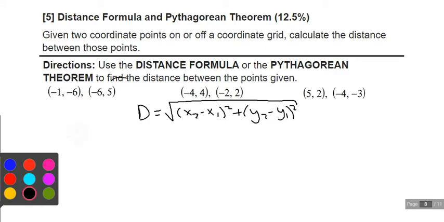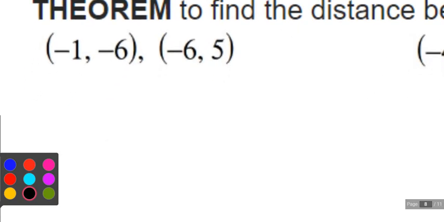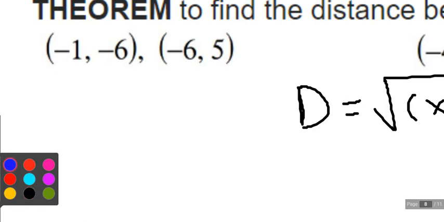The first thing I would do is go through and just declare what you're going to call x1, y1, x2, y2. Again, it doesn't matter at all. I'm going to call that x1 and y1, and this one x2, y2. Oops, okay. That's what I was saying about staying consistent. You just have to identify what's what.